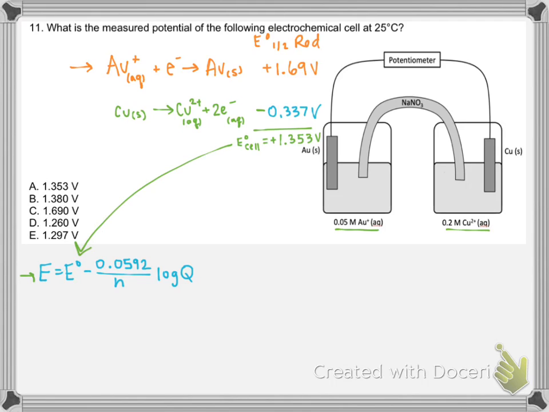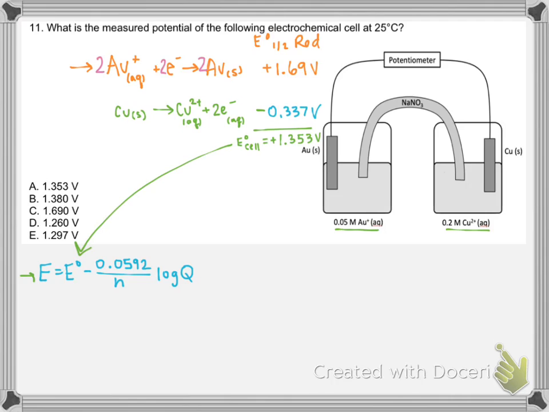We're going to have to use that value here to figure out our non-standard condition potential. So we'll need to figure out what Q is, but to do that we'll need our overall reaction. And we can see right now that we're not balanced in terms of electrons. So we'll have to balance our electrons by multiplying this top reaction by 2.